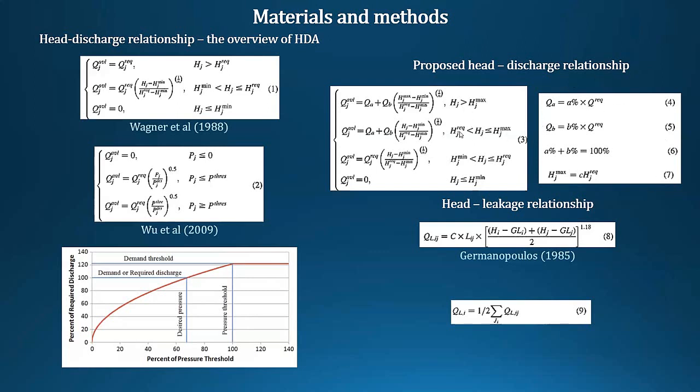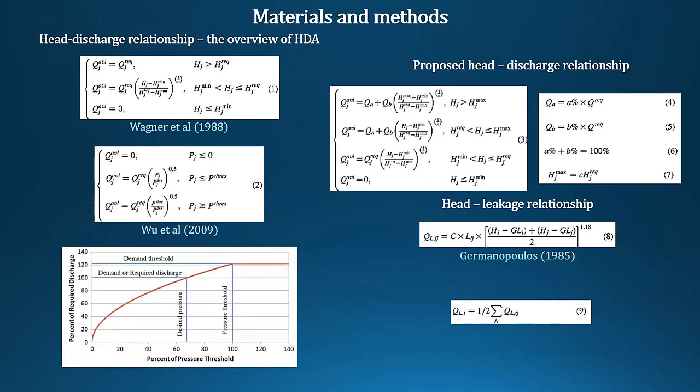The first condition is when we have values lower than the minimum value, which provides no discharge. Then the required discharge, and between the minimum and required discharge, and the maximum.